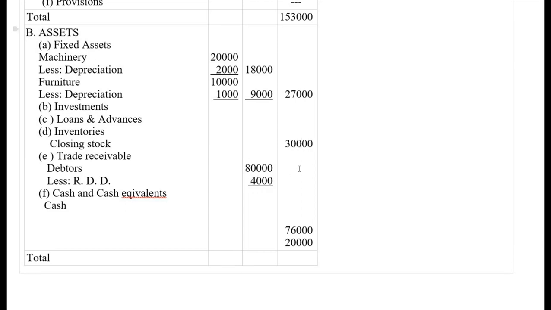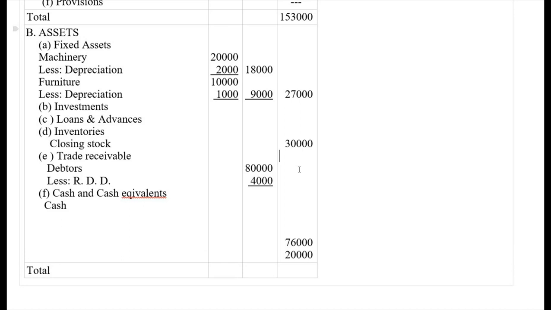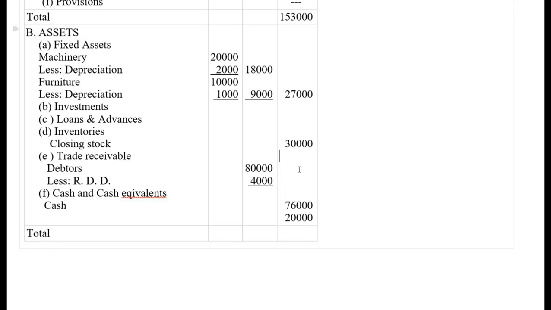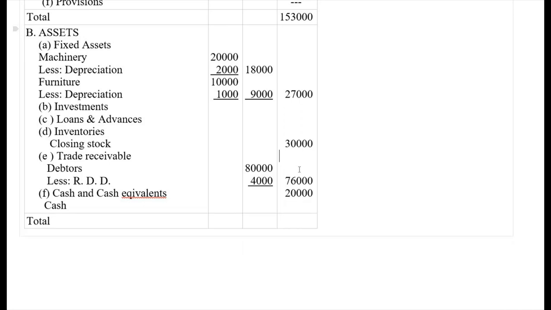So 30,000. So now let's check the total here. 7 plus 6, 13, carry 1, 7 plus 10, 10 plus 13 plus 2. So 1,53,000. So this is the answer of this question here.